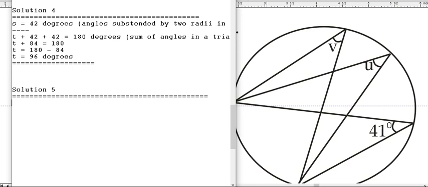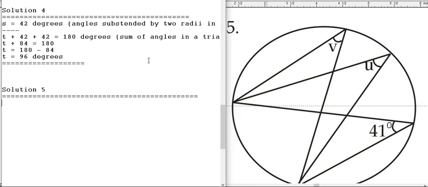Solution 5. We can see that all the angles in this circle were all subtended at the same segment. Like I told you, angles subtended at the same segment are equal.